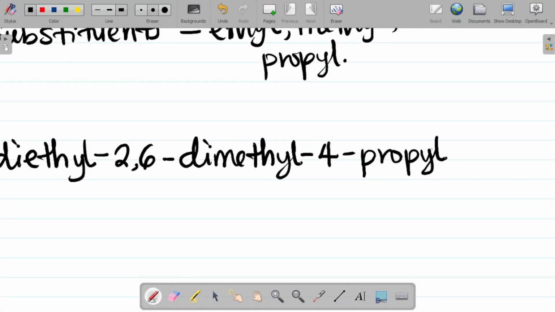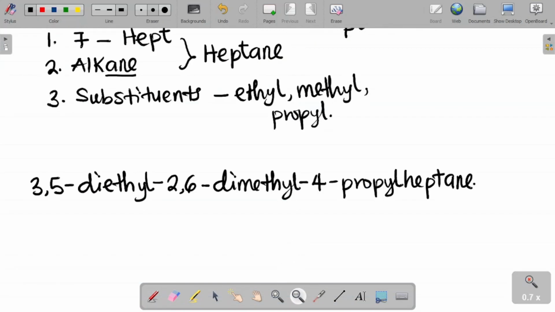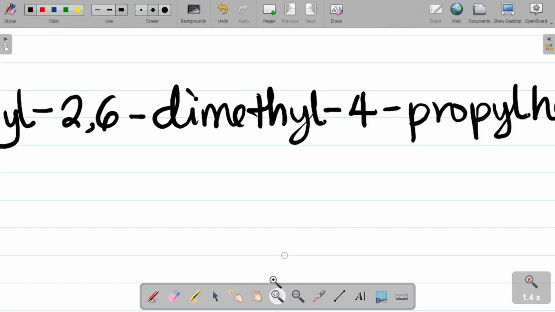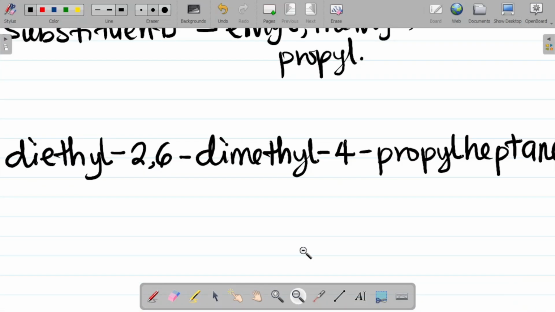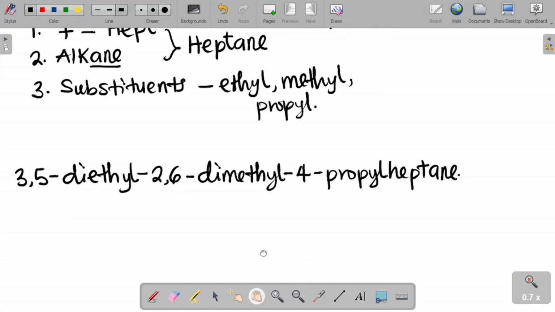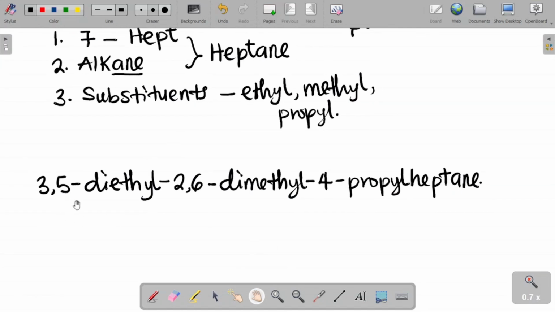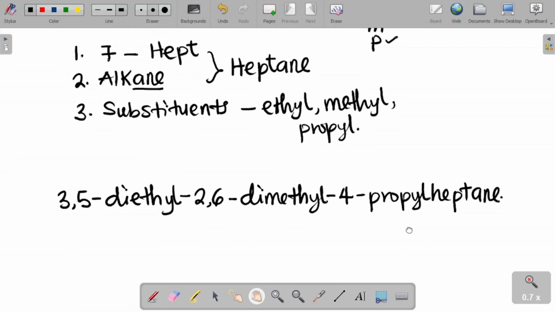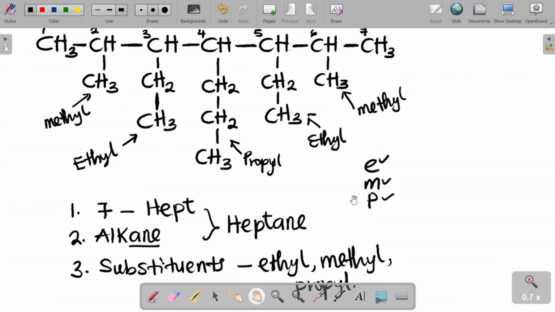So 4-propyl heptane. With this now, this compound is called 3,5-diethyl-2,6-dimethyl-4-propyl heptane. That's how you name this compound.